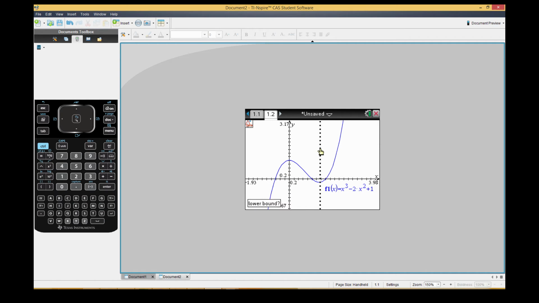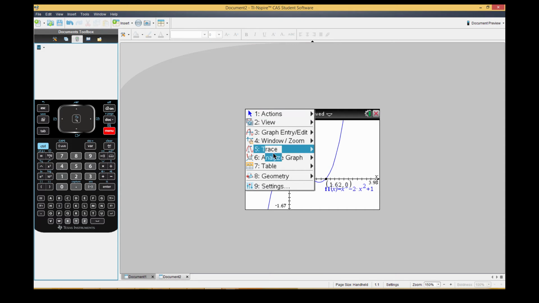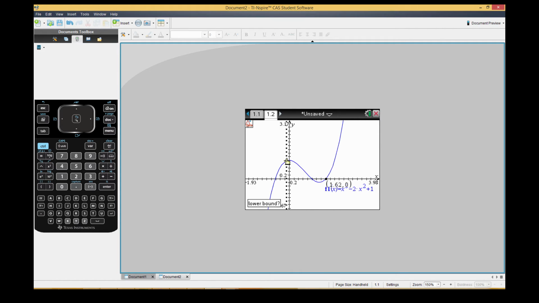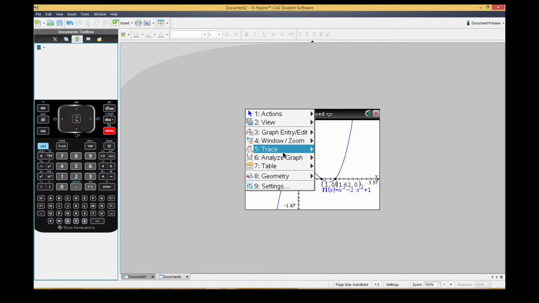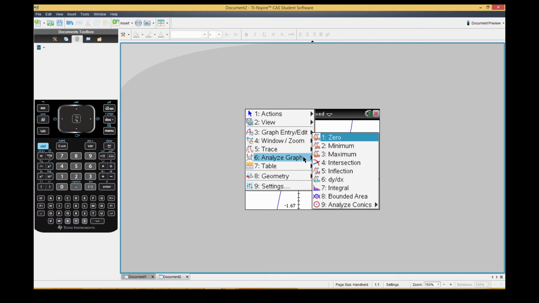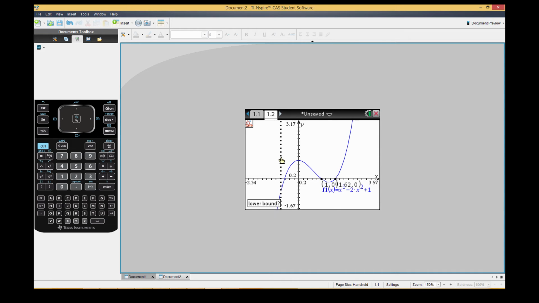Okay, so that's the first one there. It's at 1.62. Do the same thing: analyze, I want to find the 0. The other one is here. That's 1, the other intercept is 1. The last one is negative 0.61.